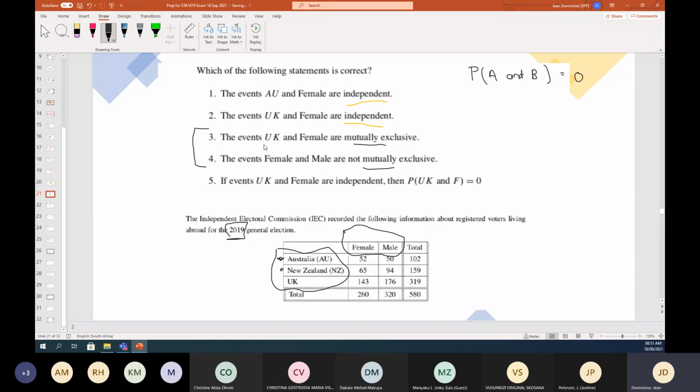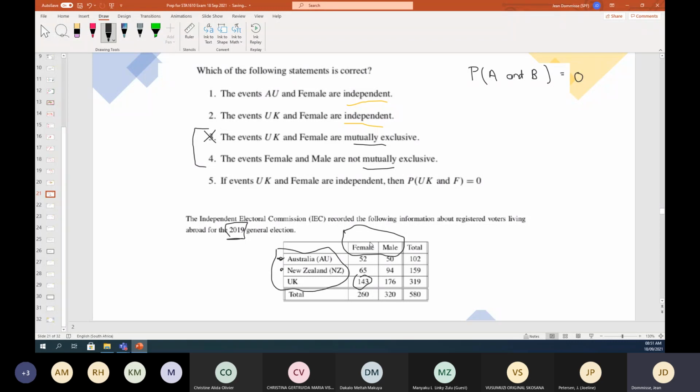So events UK and female are mutually exclusive. Female UK, there is a number. So if we divide that by 580, we will definitely not get 0. So that is incorrect. Events male and female are not mutually exclusive.